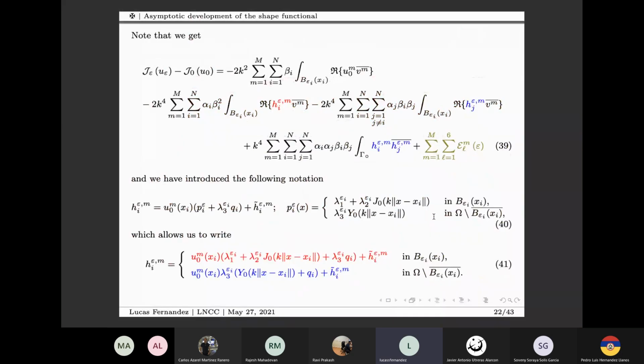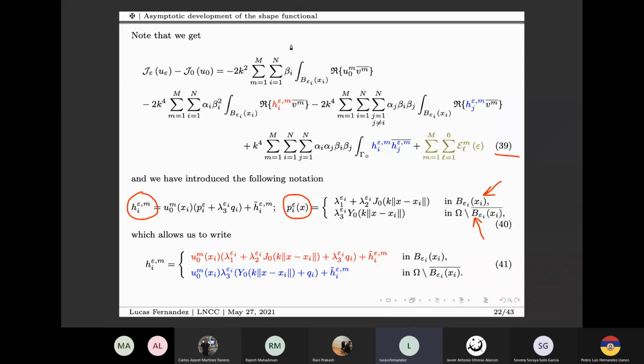Splitting that sum like I did is very relevant in this case, because I remind you that the function hi epsilon was decomposed in this format, and the function has a representation inside the b epsilon i ball and another representation outside the ball. We use this information in 39, okay?